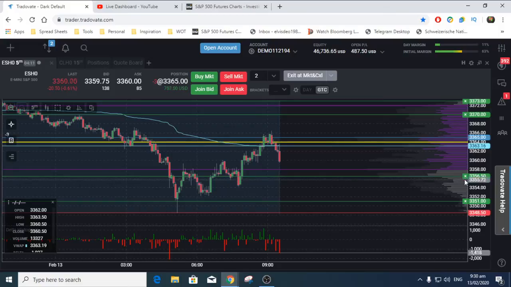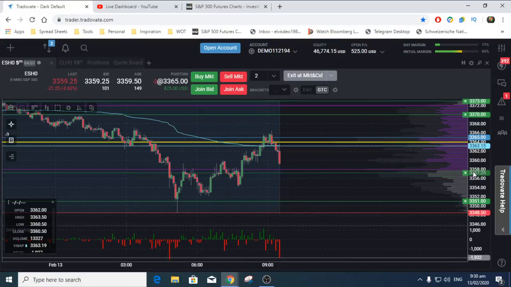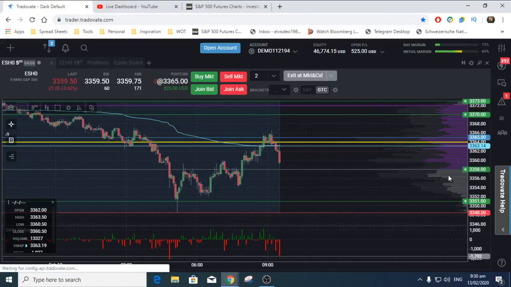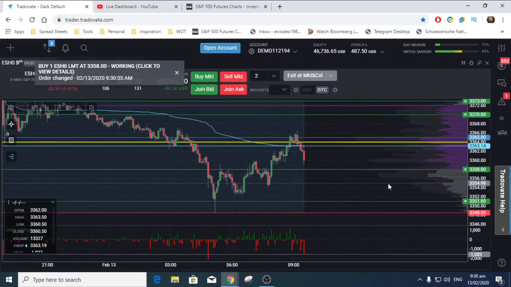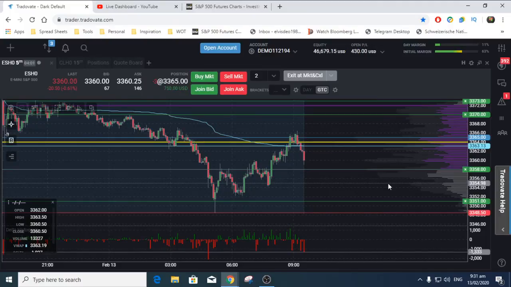You can see how entry is lifting. Just manually moved to the active value area low to complete this swing and then leave the runner on.